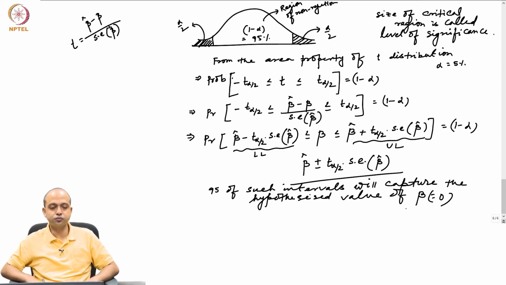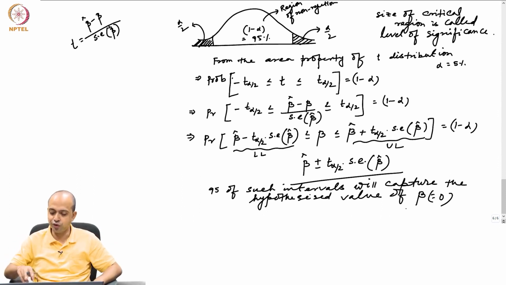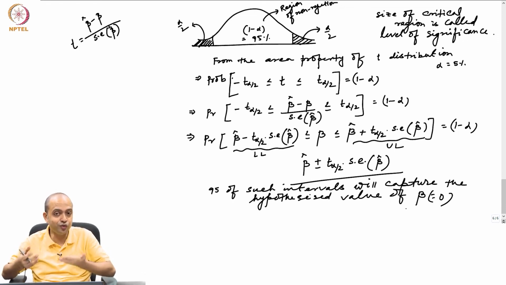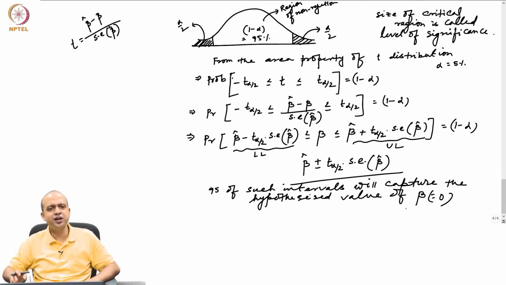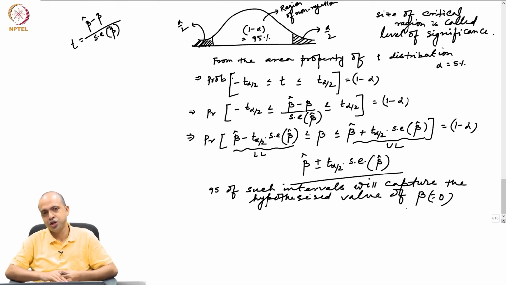Okay, 95 of such intervals will capture the true population parameter beta. Since the true population parameter value is unknown, we will say that 95 of such intervals will capture the hypothesized value of the true population parameter.